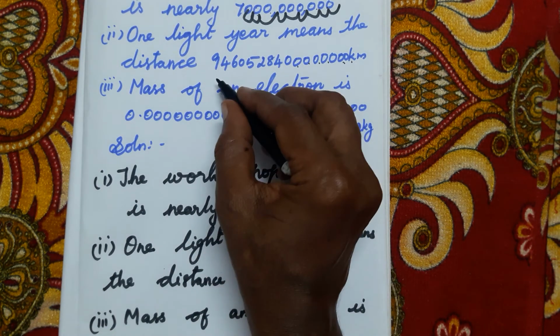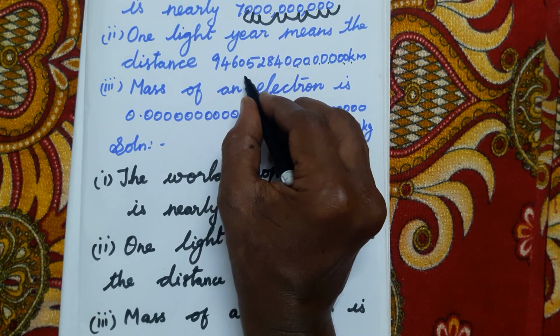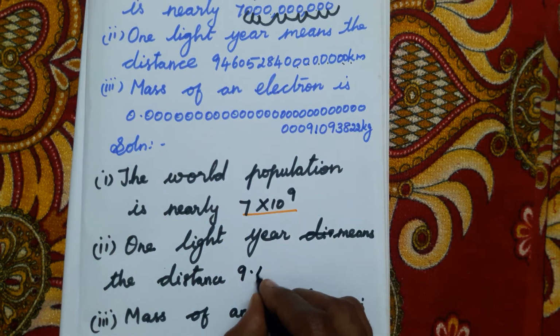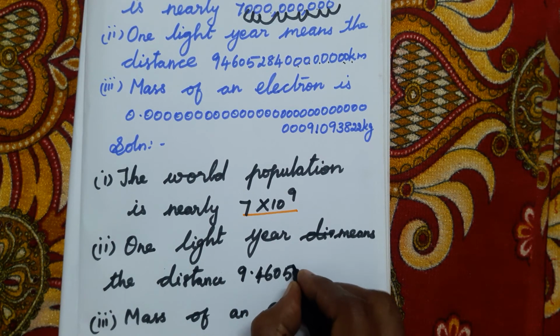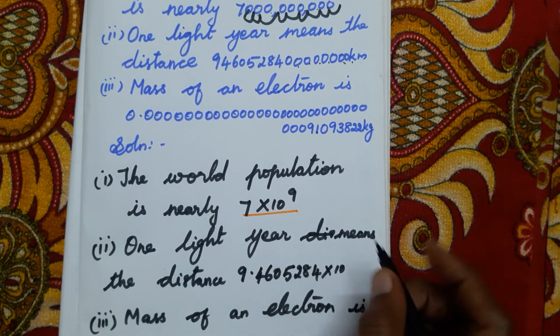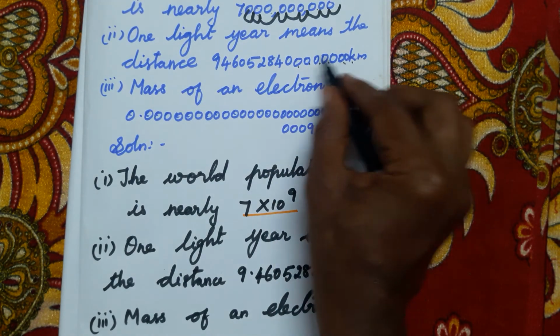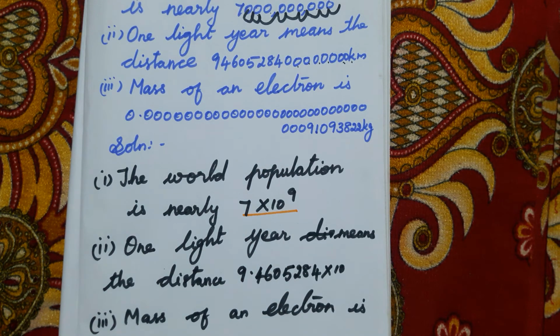First we can write the non-zero numbers, 4 6 0 5 2 8 4 into 10 power. The trailing zeros after the point we can neglect.